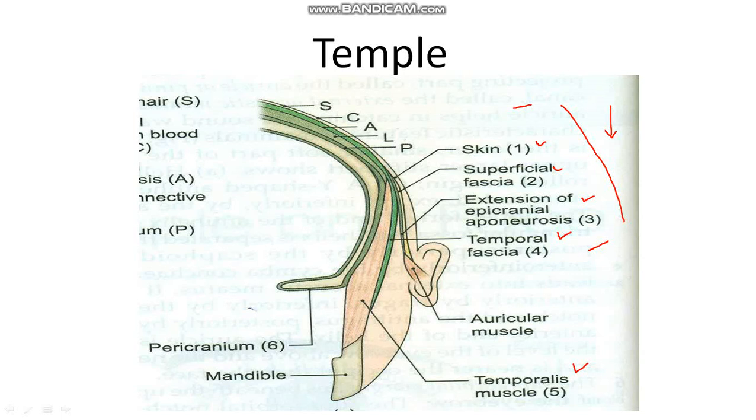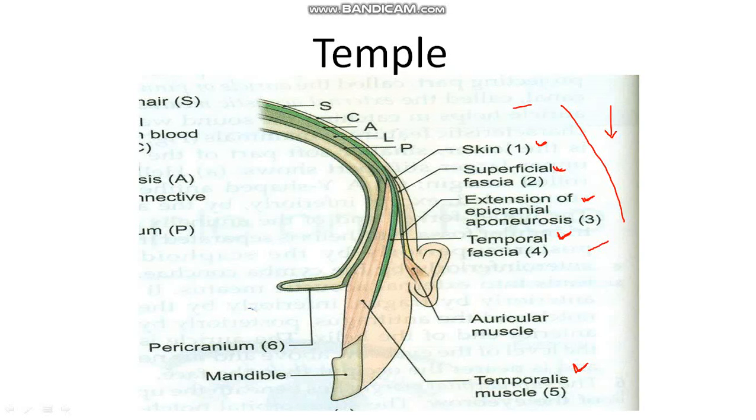This area contains 6 layers: skin, superficial fascia, extension of epicranial aponeurosis, temporal fascia, temporalis muscle, and pericranium.